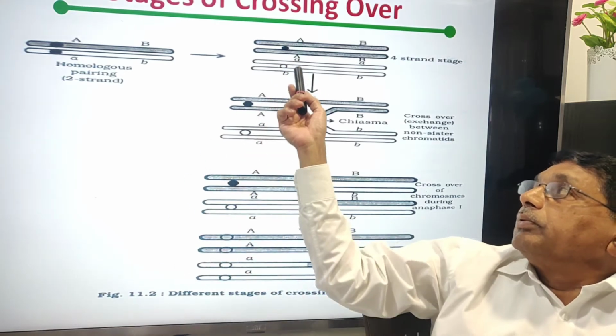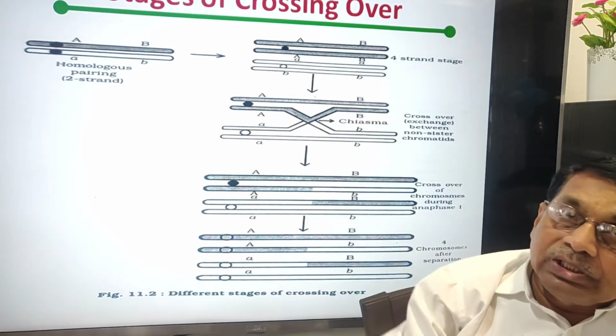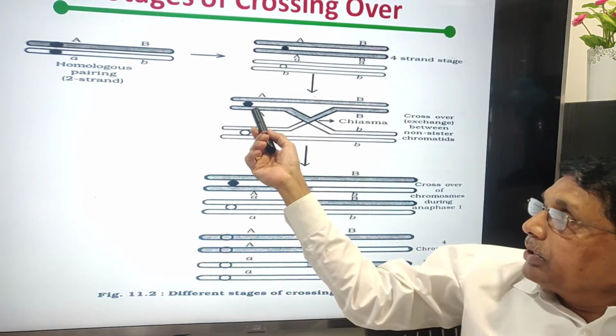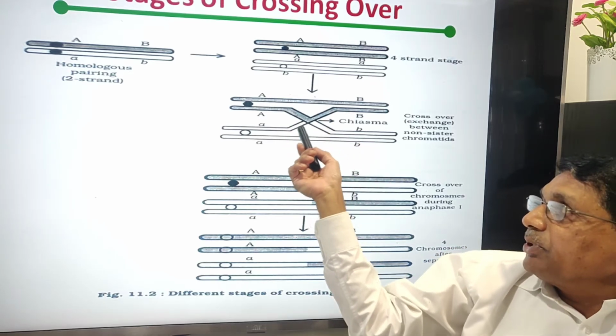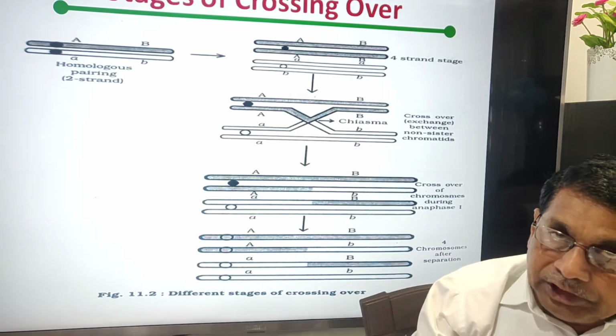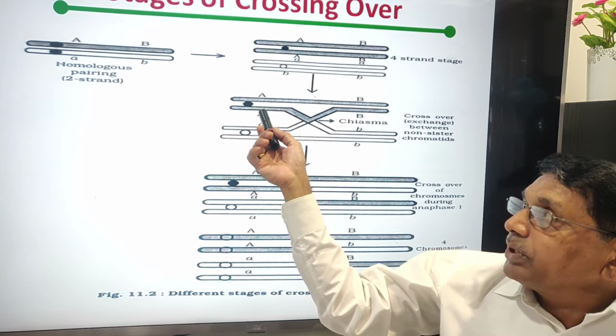Look at here, this is the stage in zygotene. Now in pachytene, you can see here, this is crossing over, this X-shaped structure is called chiasma. Here exchange takes place between non-sister chromatids.